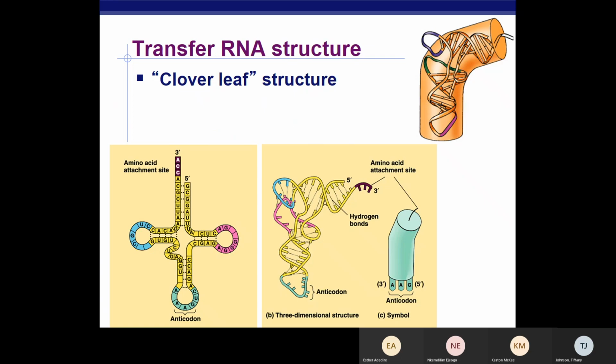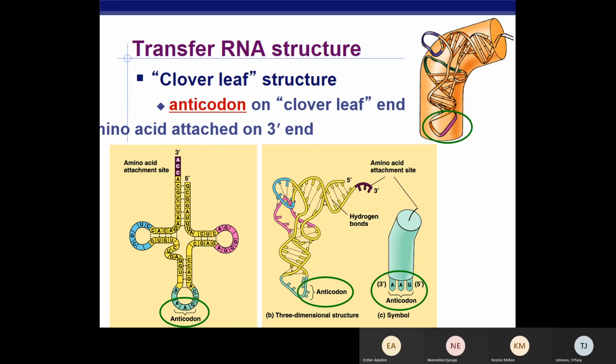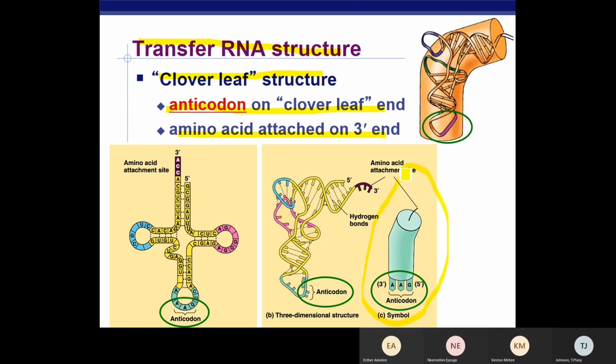Now let's move on to the tRNA. So now the mRNA is attached to ribosome, and the tRNA finally sees it. And this is what a tRNA looks like. Go ahead and write this on the left-hand side. And then you're going to draw this one because the other one is insane to try to draw.